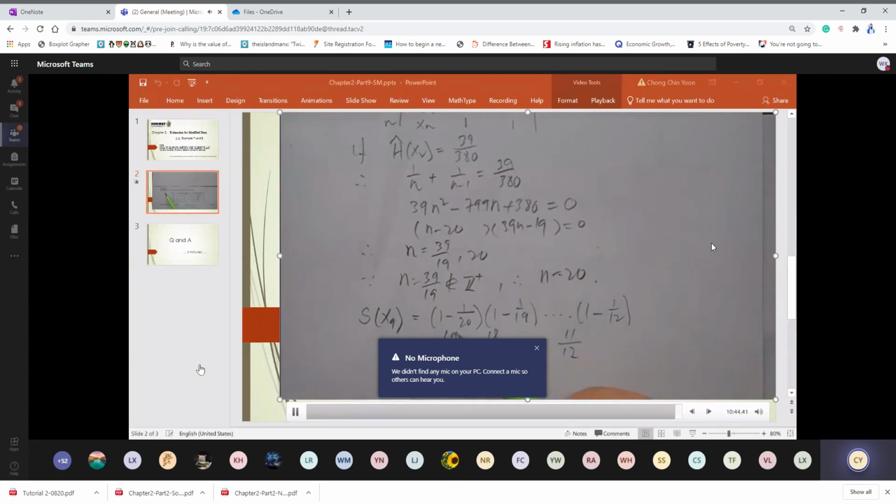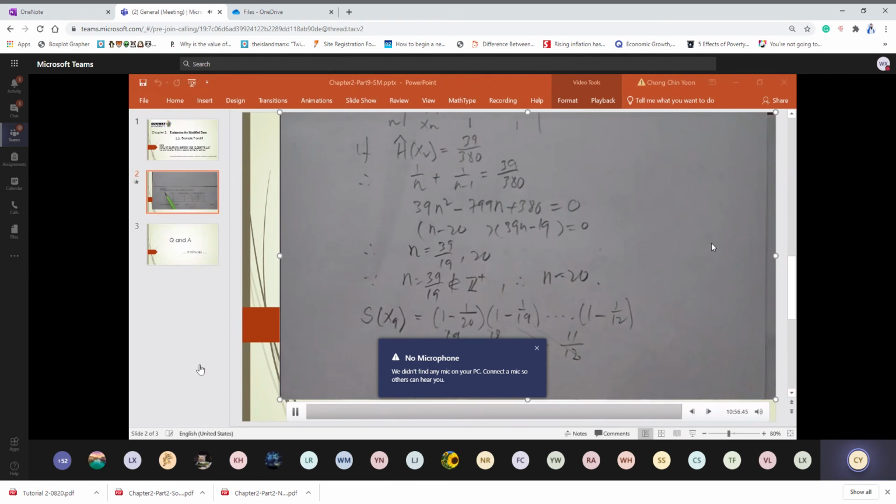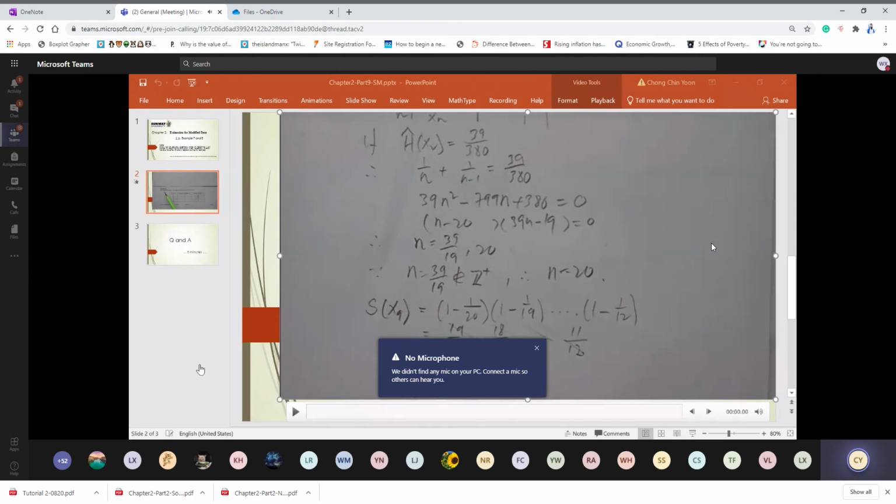You can see that the numerator will cancel with the denominator, and all of these will be cancelled. Left only 11 and 20. Okay, so it's so simple. As long as you have the n value, then you can calculate the survival at x9 under Kaplan-Meier.